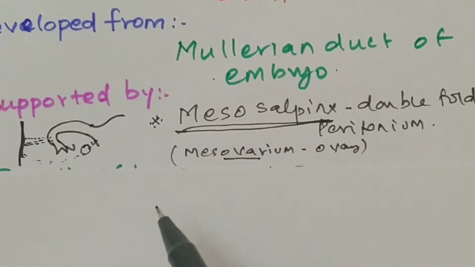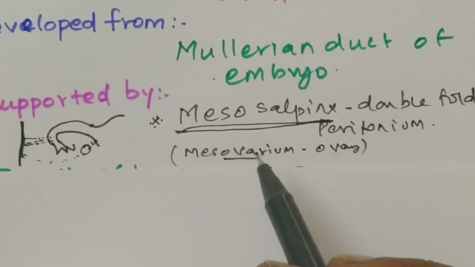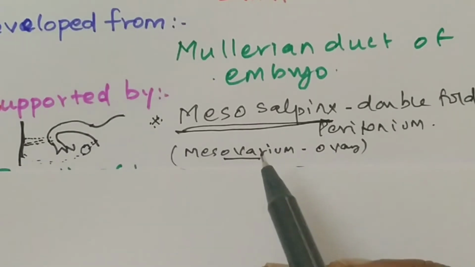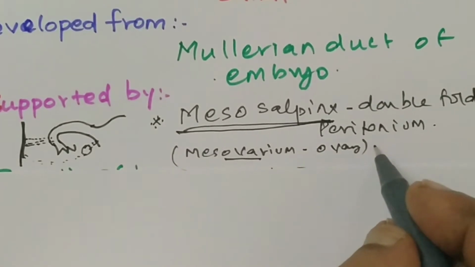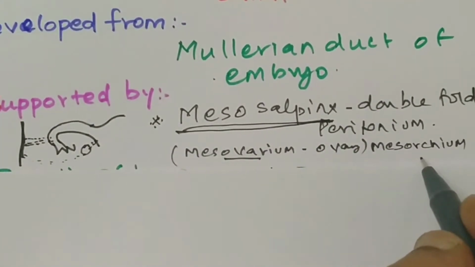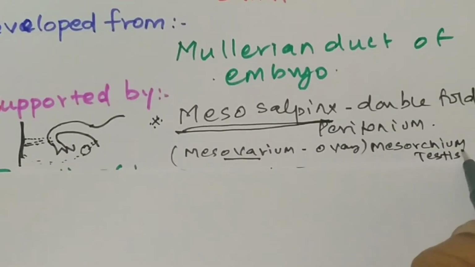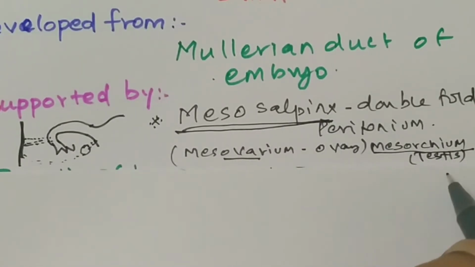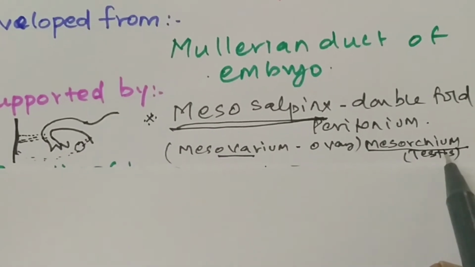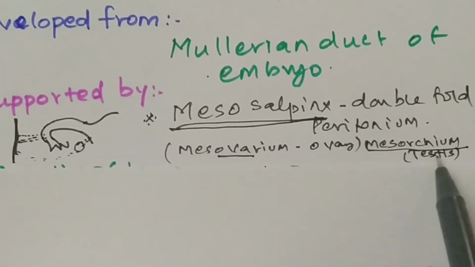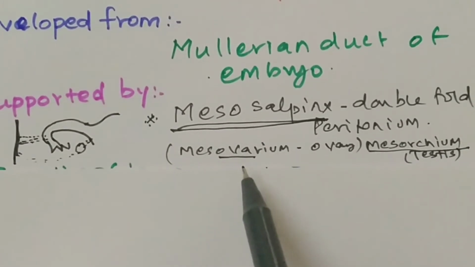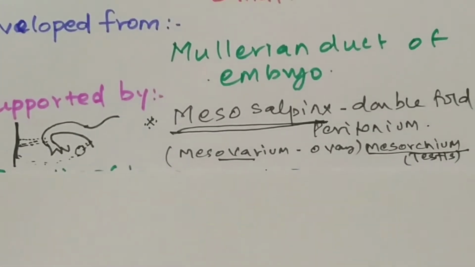In the case of male, the testis is attached to the pelvic cavity by the peritoneum, which is called the mesorchium. This is the testis in the case of male. Mesosalpinx, mesovarium, mesorchium. Orchis is a Greek word that means testis. From these three words, any one word is frequently asked in the NEET examination.